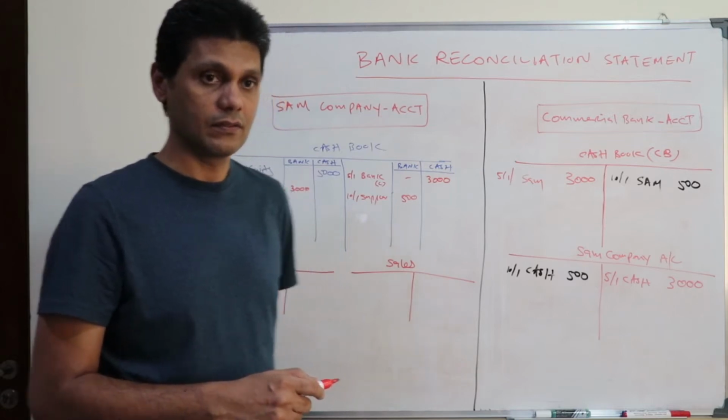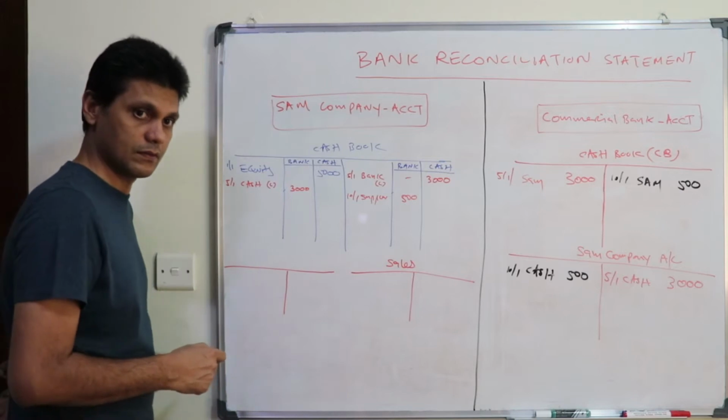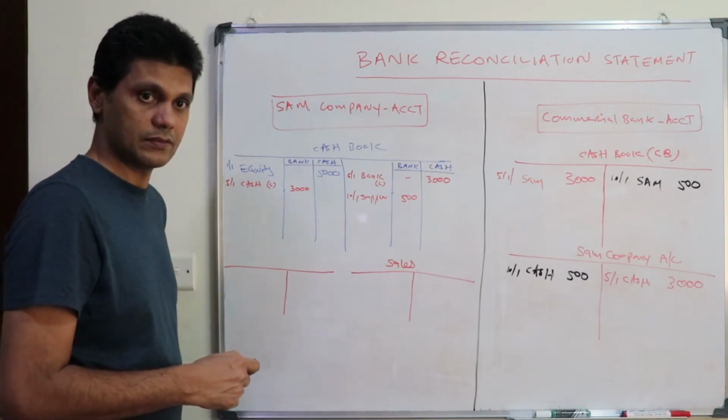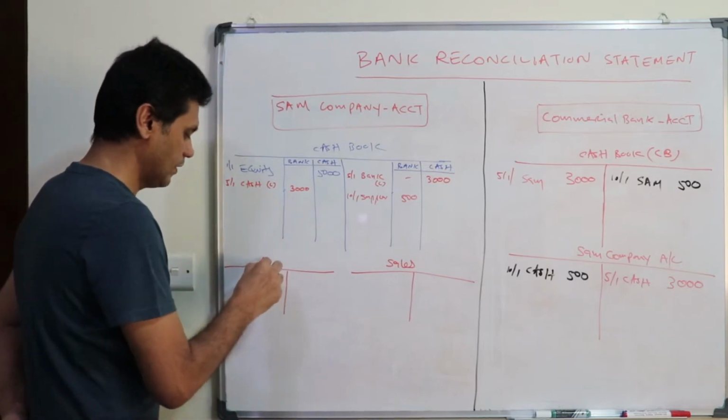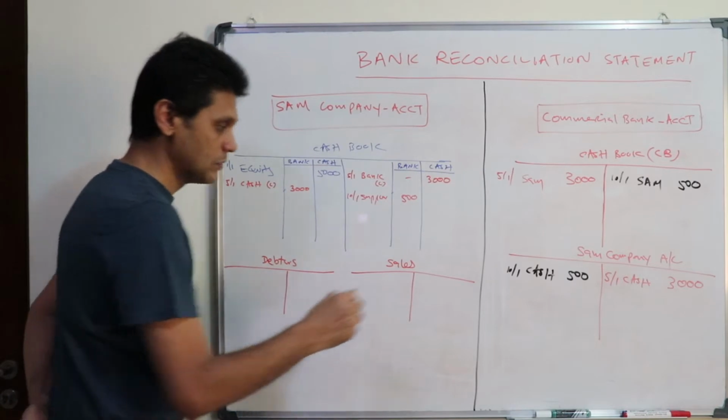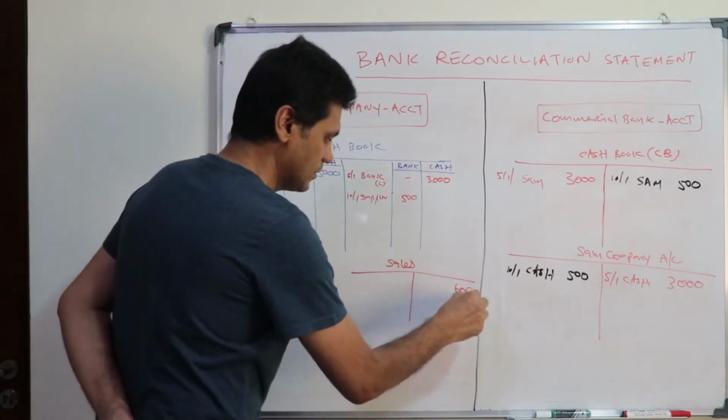Where do you debit? In the debtors account. We can say debtors account or customers. So let's assume it's $600.